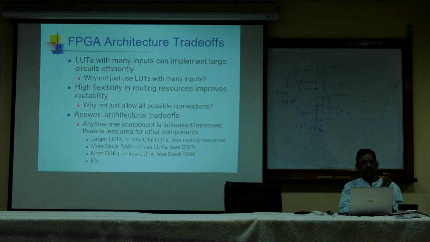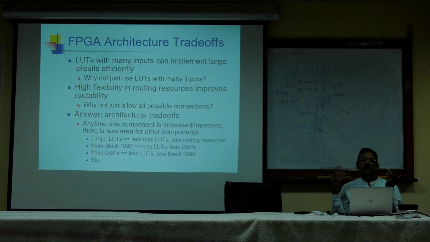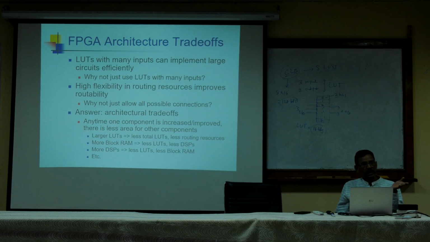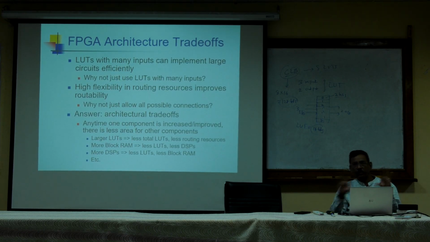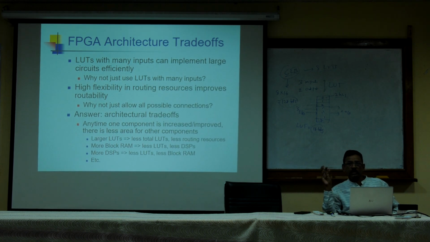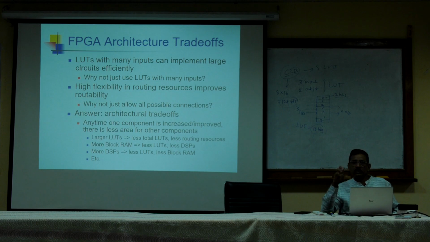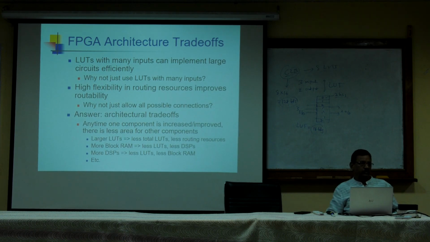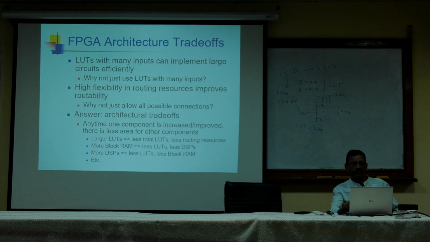Similarly, more block RAMs means fewer LUTs and DSPs, and more DSPs means less area for LUTs and block RAM. The optimal is some area for block RAMs, some area for DSPs, most of the area for LUTs, and also some area for routing of the wires. Like that it is planned inside the FPGA.